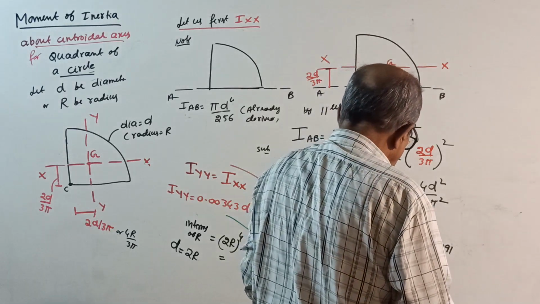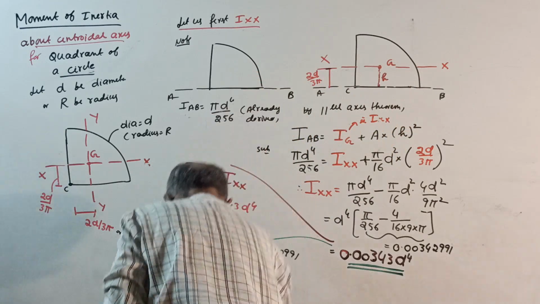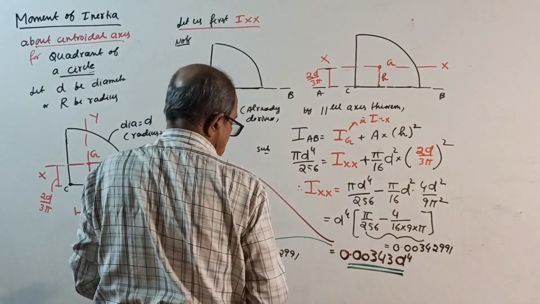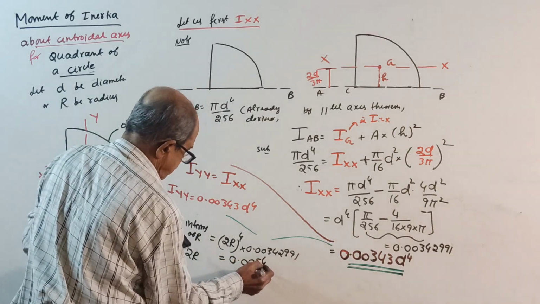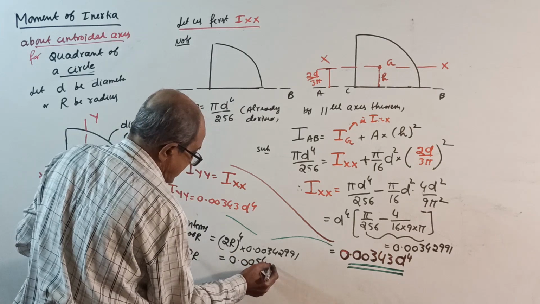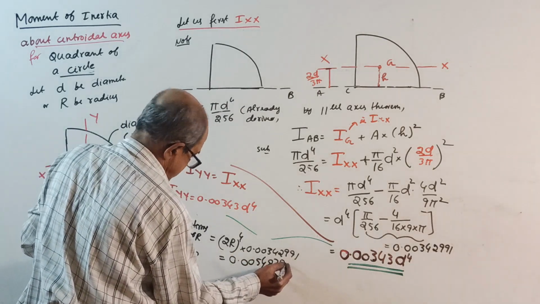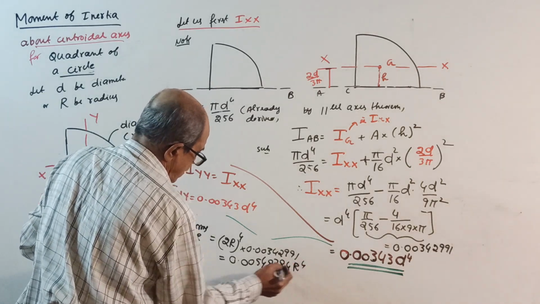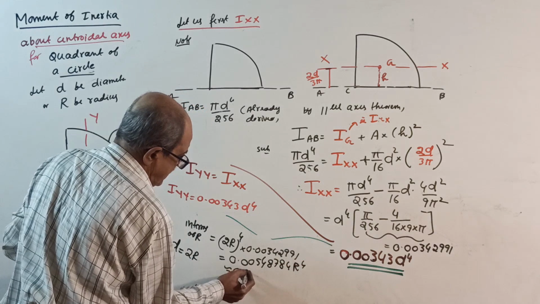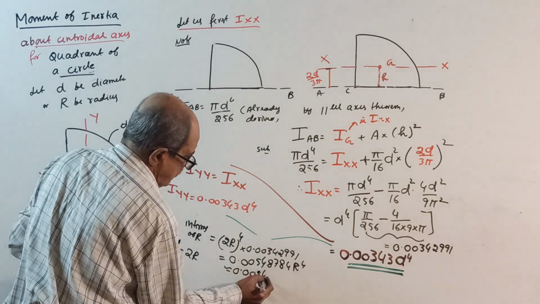0.0054878 r power 4, or people usually take 0.00549.